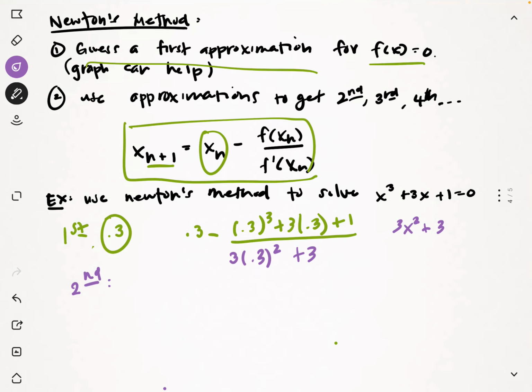Parentheses again here: 3 times 0.3 squared plus 3, close my parentheses, and this is about negative 0.02 or negative 0.289.